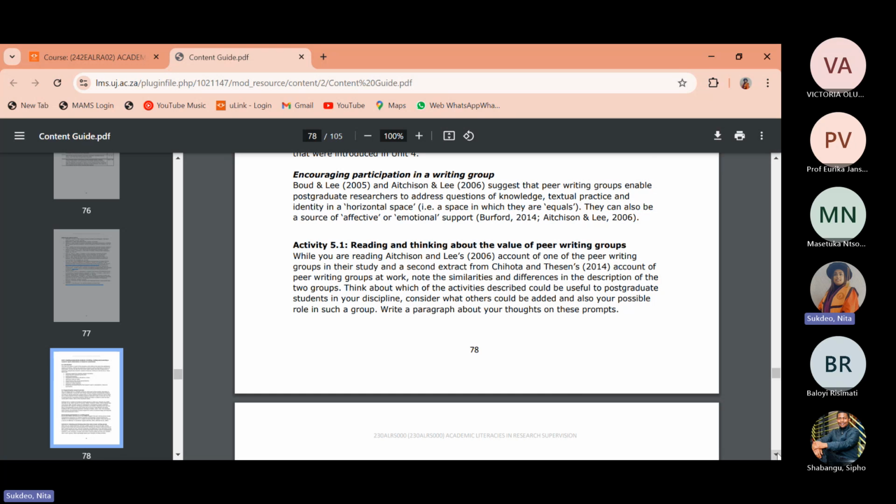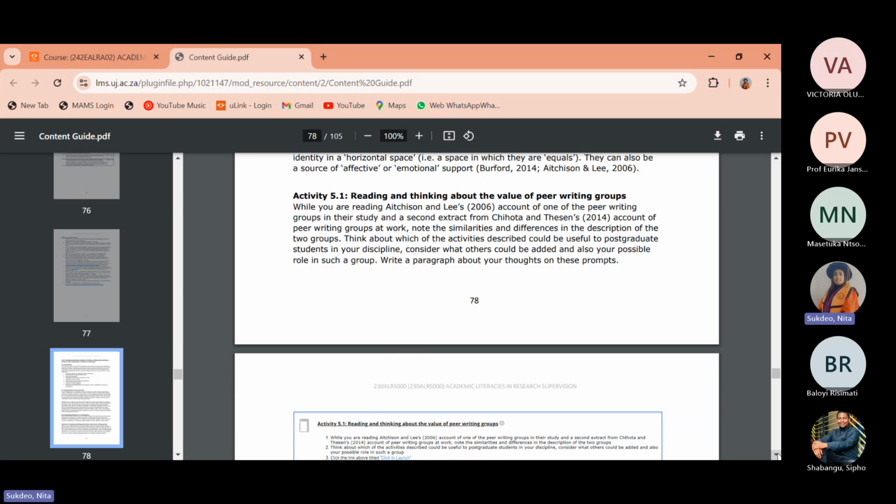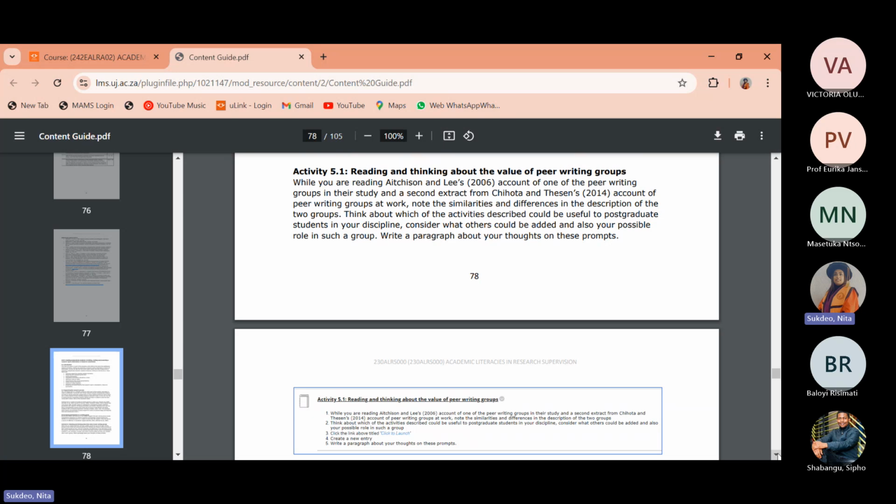The first activity that we're looking at, 5.1, is reading and thinking about the value of peer writing groups. So do you think it's effective? We did speak about this, right? And then it says, while you're reading the excerpt, account of one of the peer writing groups in this study, and the second extract of the account of peer writing groups at work, note the similarities and differences in that excerpt, and think about which of the activities described could be useful for your postgraduate students in your particular discipline.